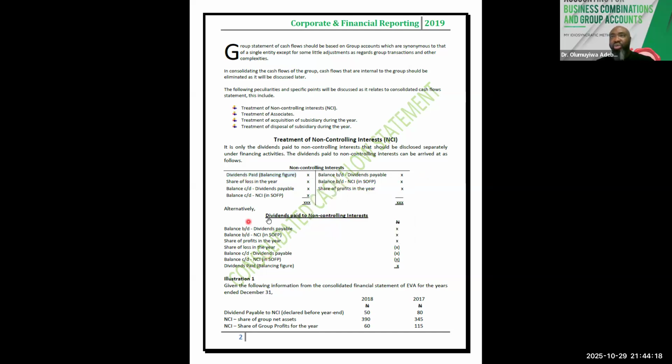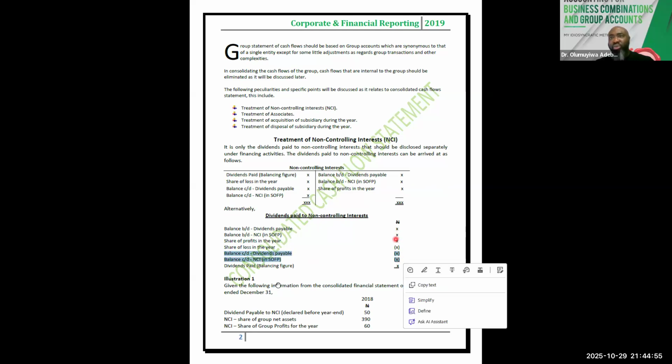This empty account is what we can find beneath, which means for the vertical format, we only need to understand the principle that our opening balance is increased by share of profit to the NCI, or decreased by share of what? Loss. And if these four items are aggregated, it's supposed to equal these last two balances, which are carried forward.